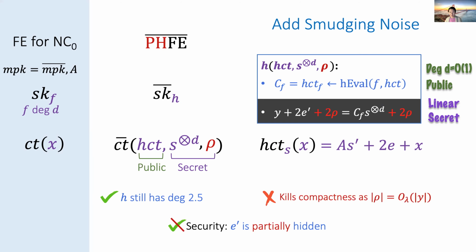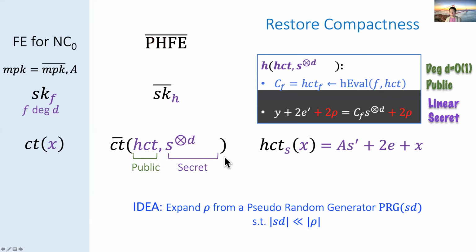The only problem now is that it actually kills compactness, because we need as many smudge noises as the length of the output Y. On the other hand, we want the ciphertext to be much shorter than the output Y. So to fix compactness, our idea is to expand the rho using a pseudo-random generator, so that instead of encrypting rho directly, we just need to encrypt the much shorter seed of the PRG, and we can have compactness again.